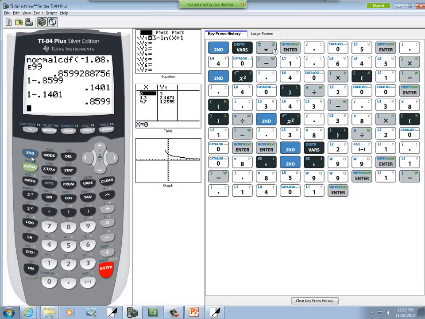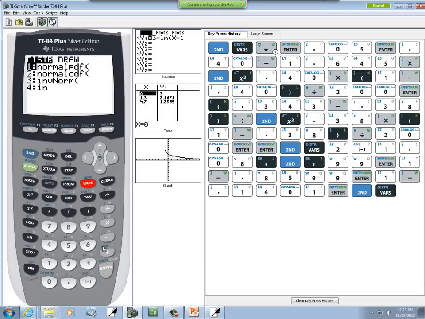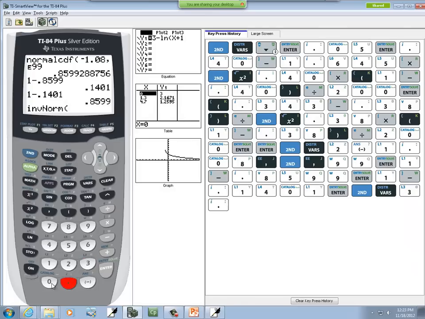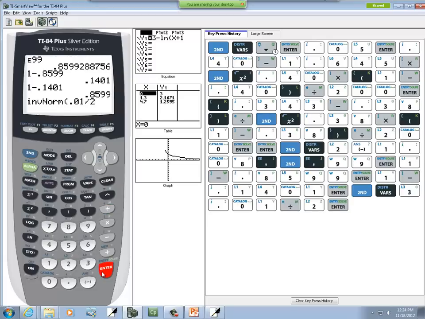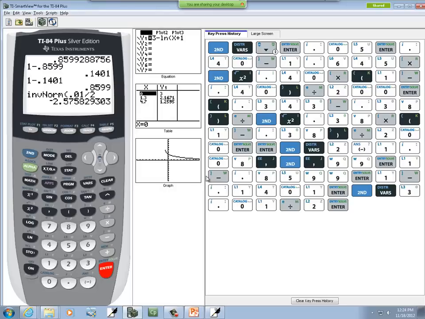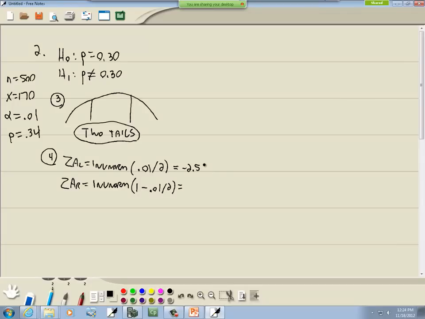Okay, so second vars, INV norm, 0.01 divided by 2, negative 2.58. Wait a minute, I said 3 decimal places, didn't I? Okay, scratch that. Negative 2.576.